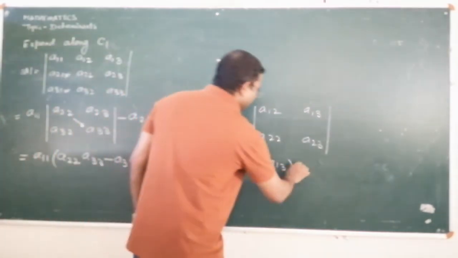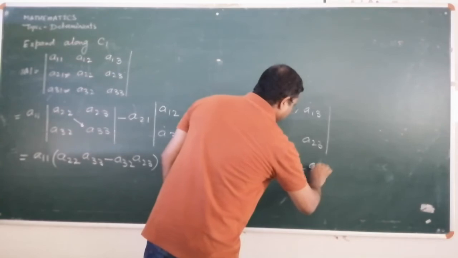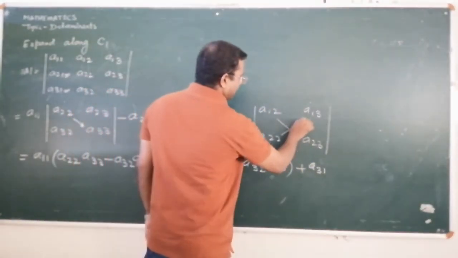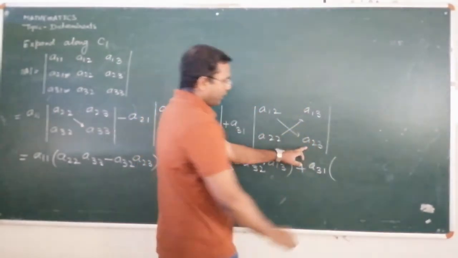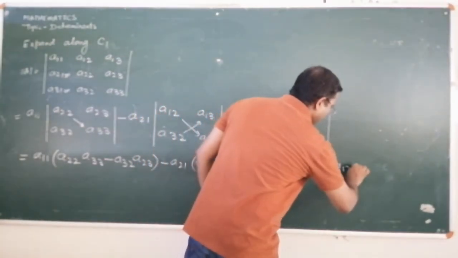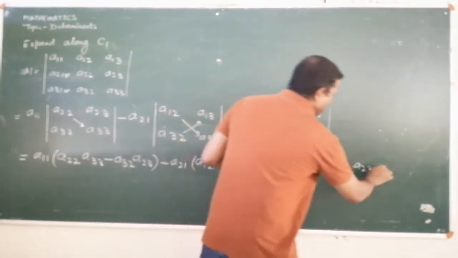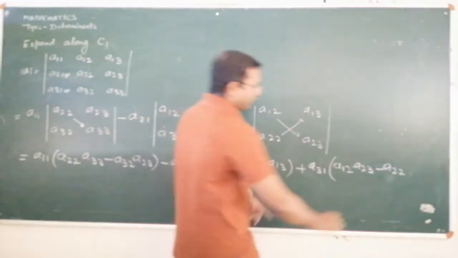Then for the third one, plus A31 and we will multiply similarly. This is A12 into A23 minus A22 into A13.